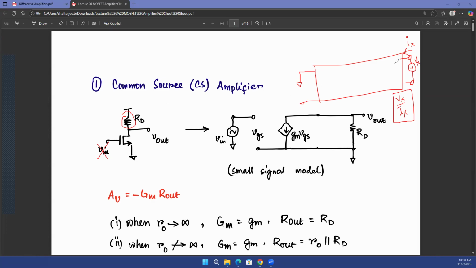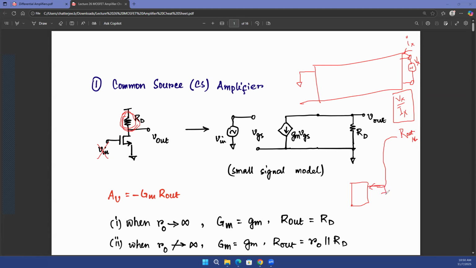So this is just the resistance looking into the black box. When the resistance is connected at the output of the black box, you have basically a resistance looking into the black box that is Vx over Ix. Let's call that R out no load. So you can say R subscript out in the no load condition. That is the resistance that you see looking into the black box without any load.